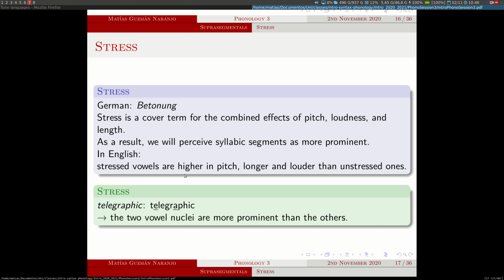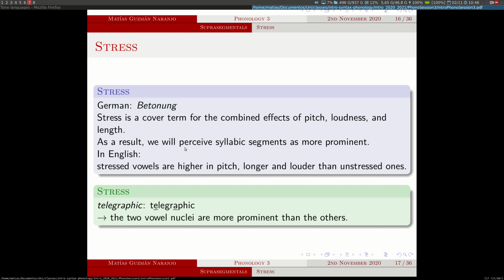So there are still debates about which languages use which cues, but roughly speaking, pitch, loudness, and length are the main cues of stress. And there are many examples of stress being contrastive in different languages. In German, it mostly isn't. In English, it can be contrastive, so you can have two different words which contrast only in stress.